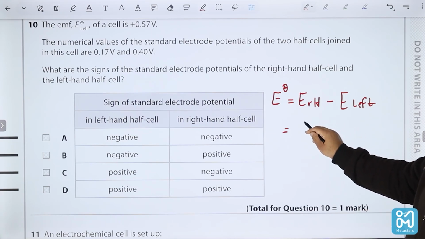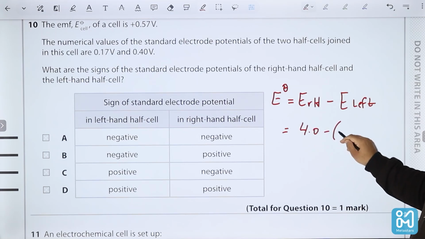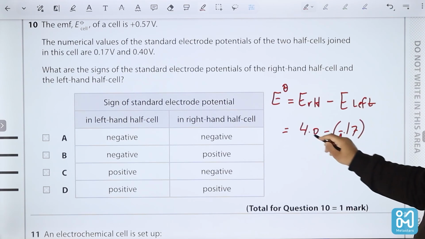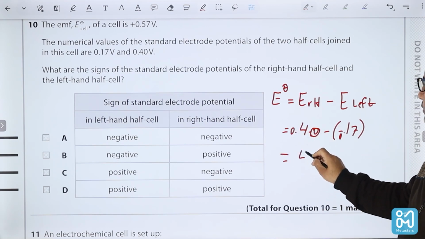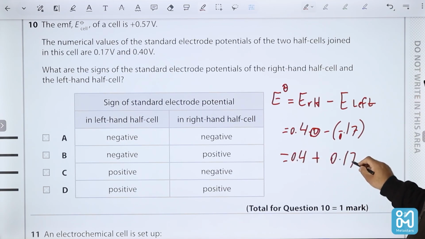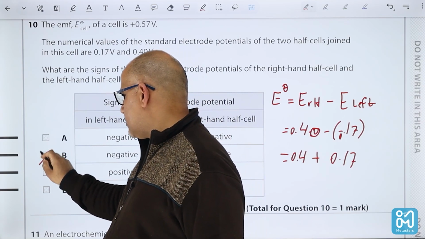This means that we have 0.4 positive minus 0.17, sorry, plus 0.17. So the right hand half cell will be positive, and the left hand half cell will be negative. So the correct answer is B.